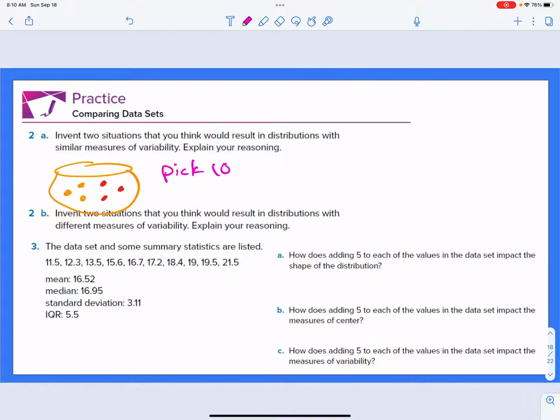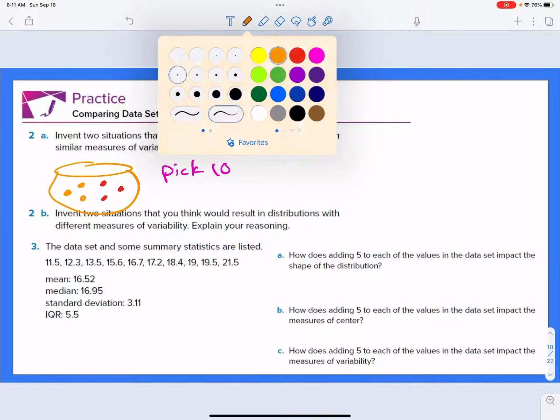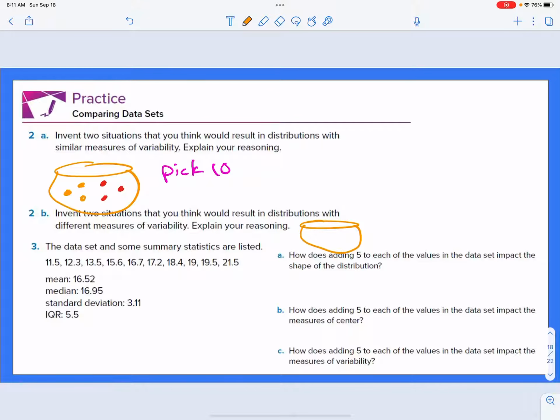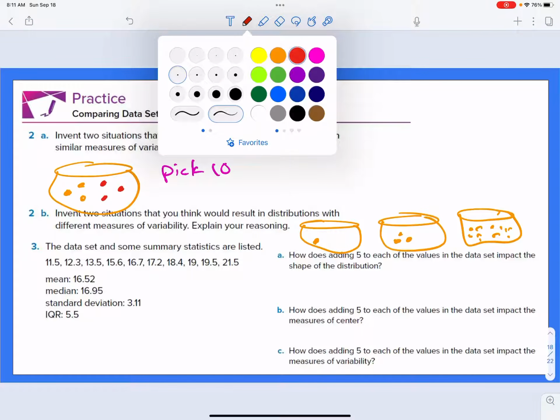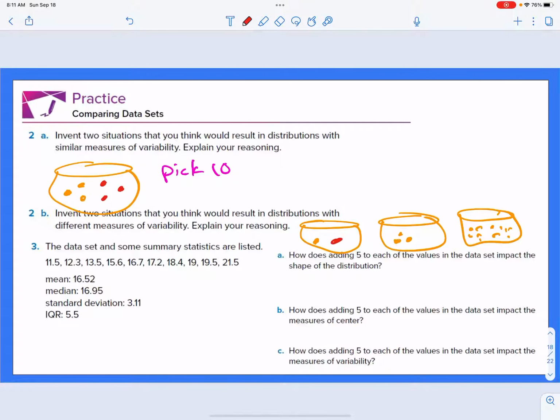If I wanted to have one where I have distributions with different measures of variability, then in that case, what I could do is say, well, maybe I have 3 bags. And this one has 1, this one has 3, this one has a lot more, and then this one happens to have 1 and 1, and this one has just 1, and this one also has 1.